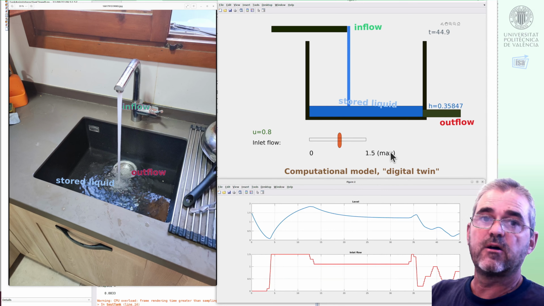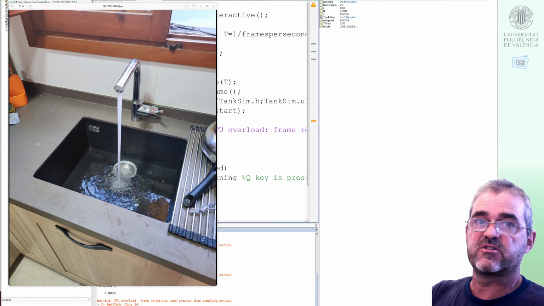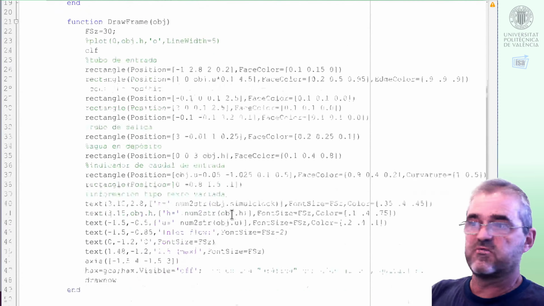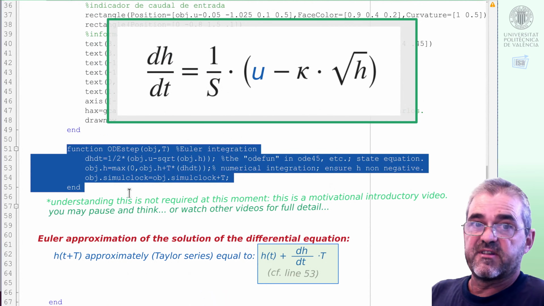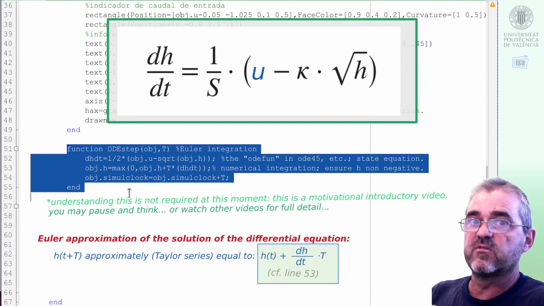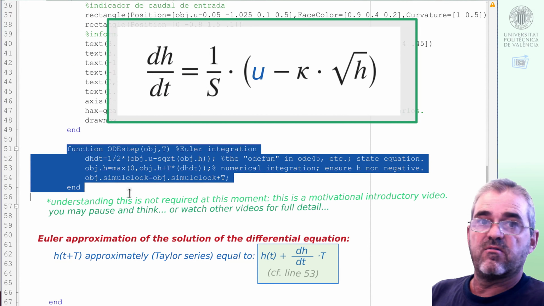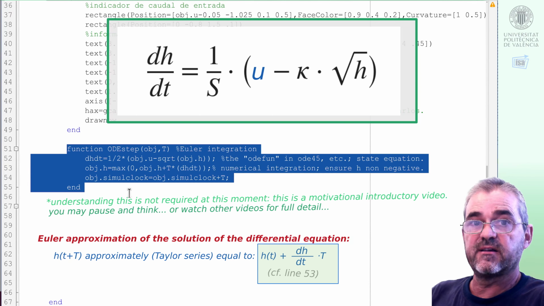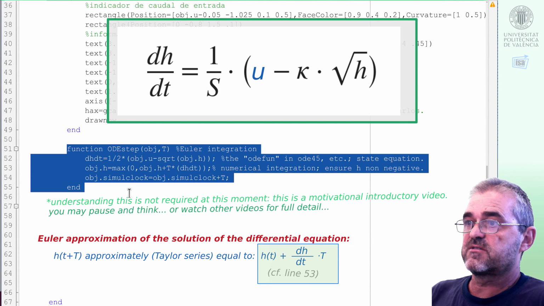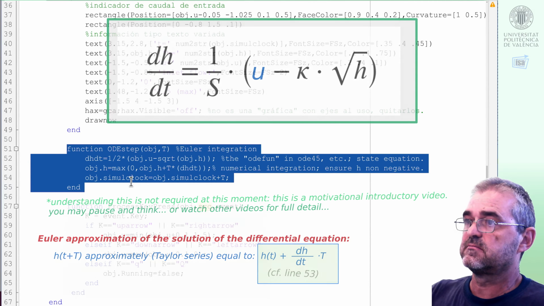What is that copy? Well, that copy is some code whose details, of course, are not the goal of this introductory video, no formulas. But this thing I highlighted in blue is the Euler integration approximation of the differential equation, so that this constitutes the computational model of my tank.